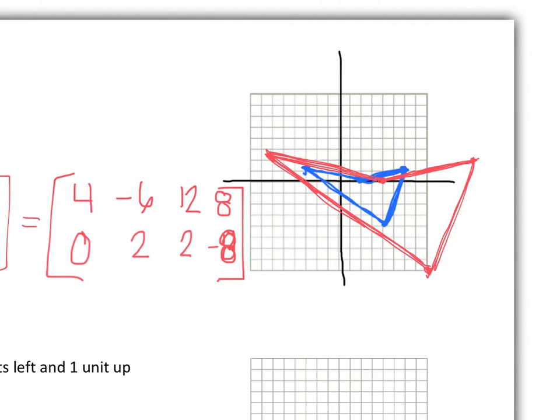Now for the next 3 examples, we're gonna kind of change what the notes say because your homework has like 12 problems on it, and instead of doing these 3 examples, we're gonna do 3 of the problems from your homework. So let me pass out your worksheet and then we'll keep going.